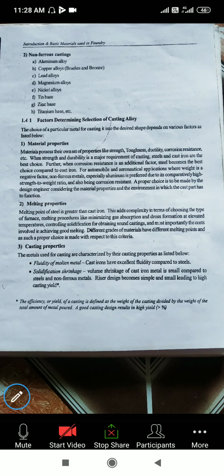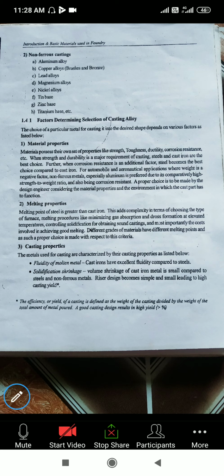So this is how the workpiece material starts to melt, and the melting properties are utilized for the selection of the furnace during the casting process. This is also one of the important factors to be determined while selecting casting alloys.